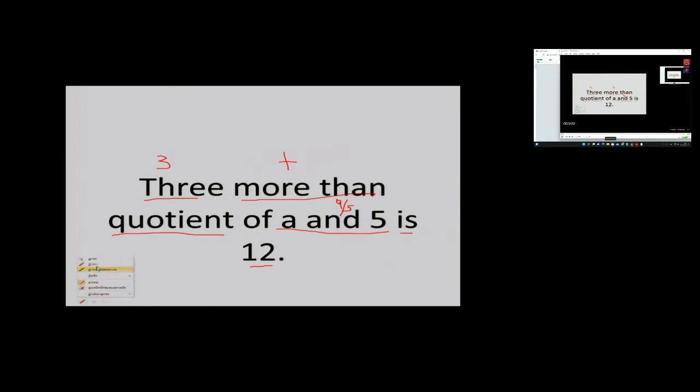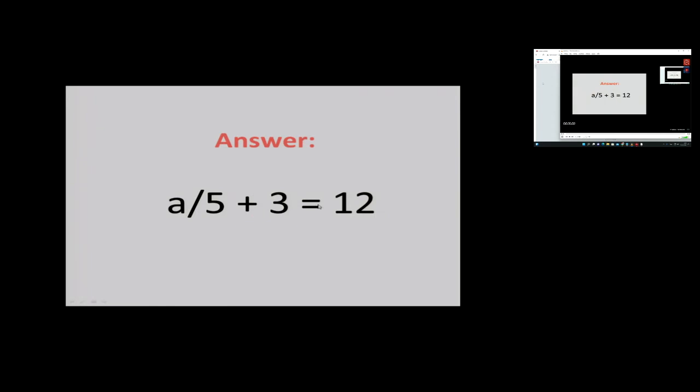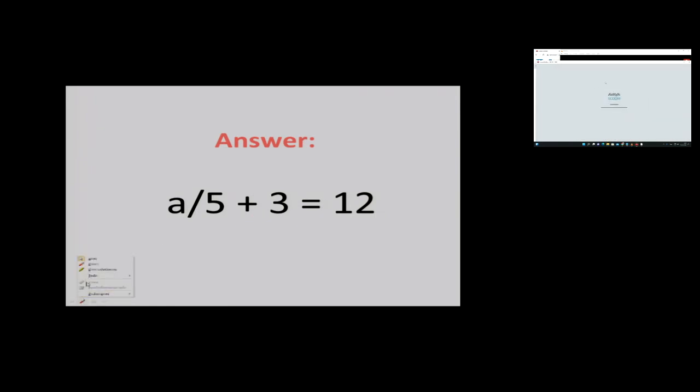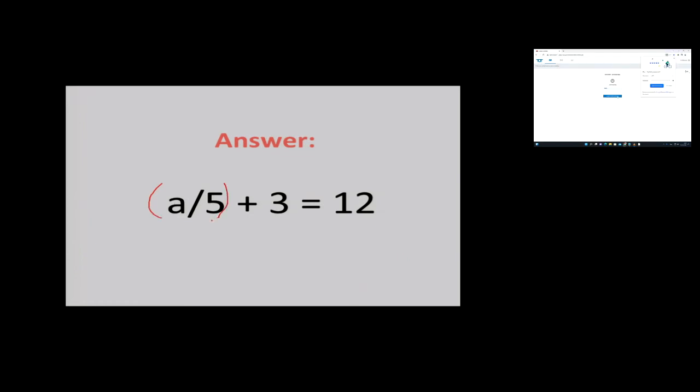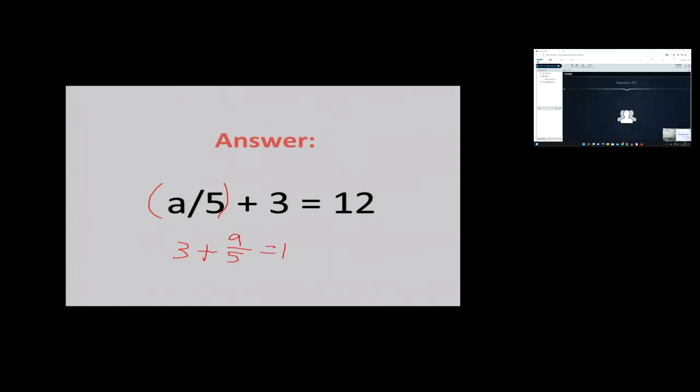But since that is addition, you can switch the numbers. So we will have here A over 5 plus 3 is equal to 12. Okay? But then again, 3 plus A over 5 equals 12.